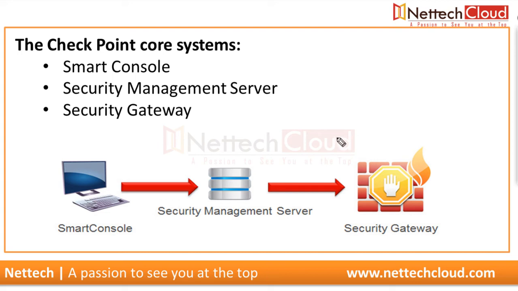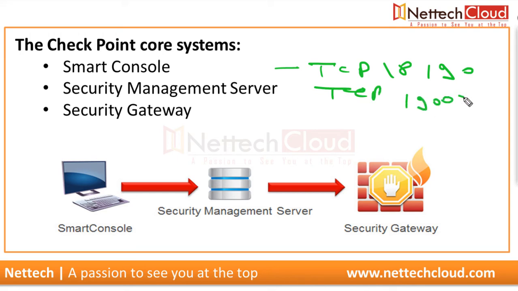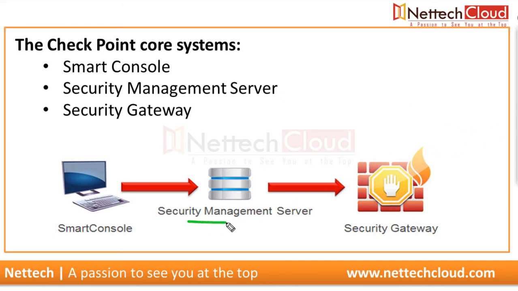Then definitely we need to allow both communication ports, TCP 18190 and TCP 19009. Both ports need to be allowed then. But if there is a Check Point security gateway, no need to, right?